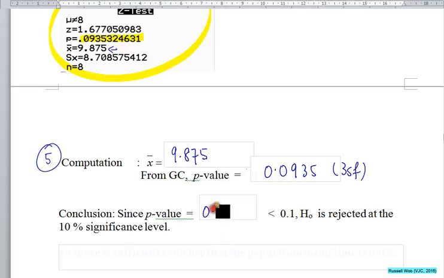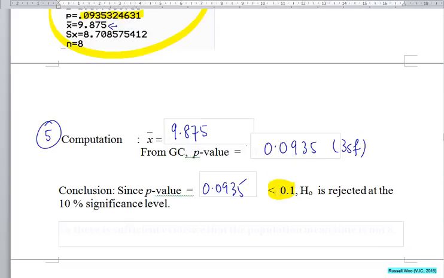Since p-value is 0.0935, it's smaller than 10%, smaller than 0.1. Correct? Rare.